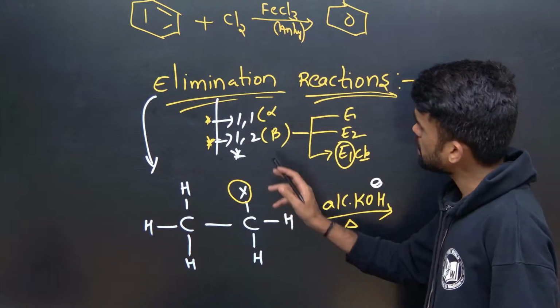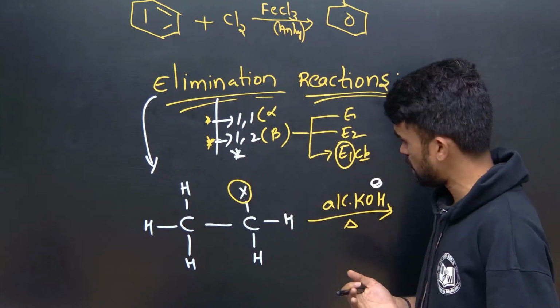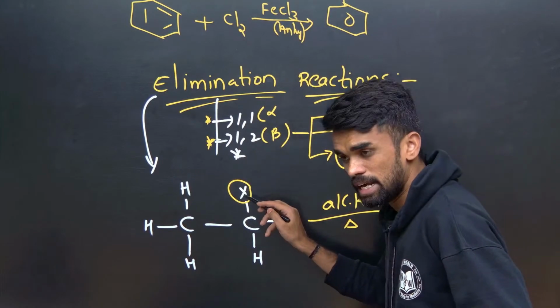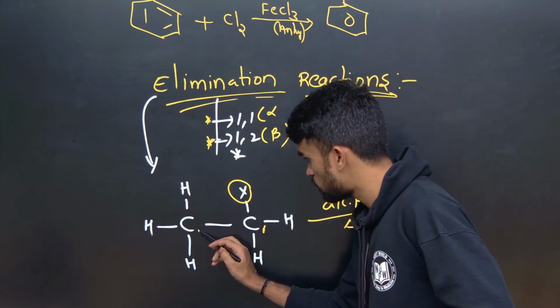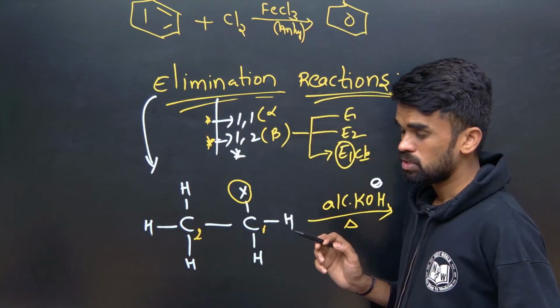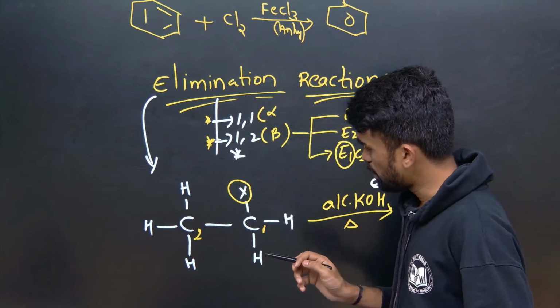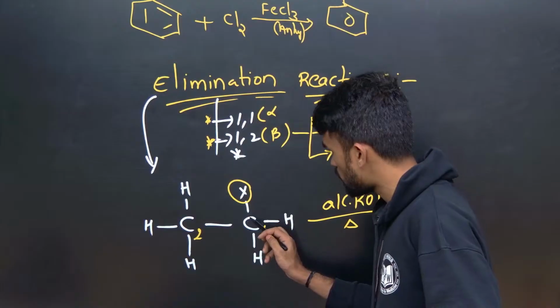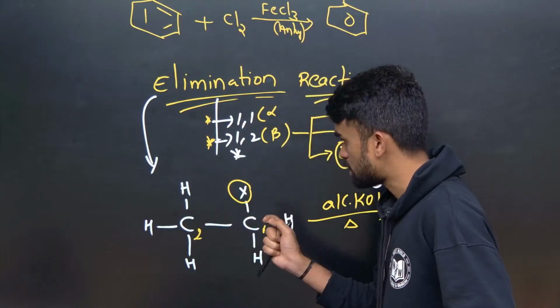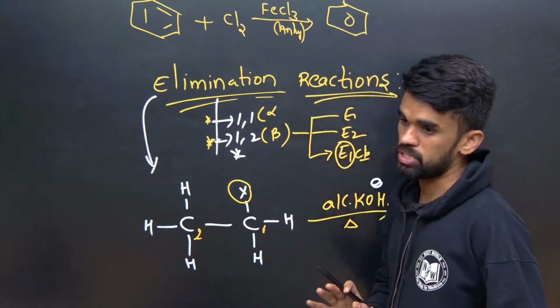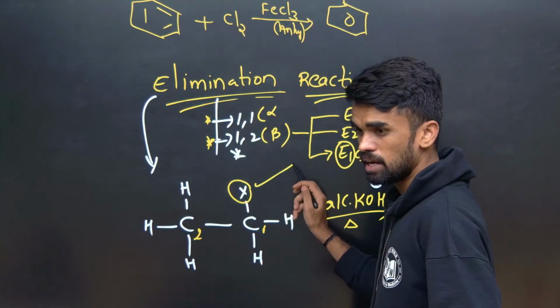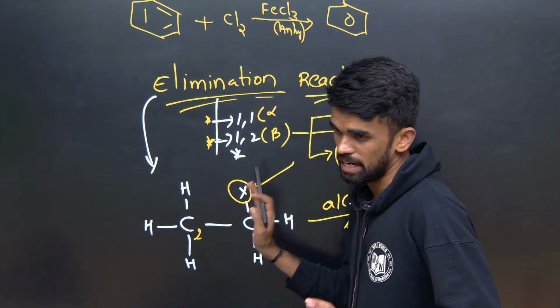See, what does this 1,2 mean? We need to understand first. The halogen-attached position, that carbon is the first carbon, and the adjacent carbon will be the second carbon. The elimination will happen at 1,2, which means atoms are eliminating from the 1,2 position: halogen from here and hydrogen, a proton, from the second carbon.